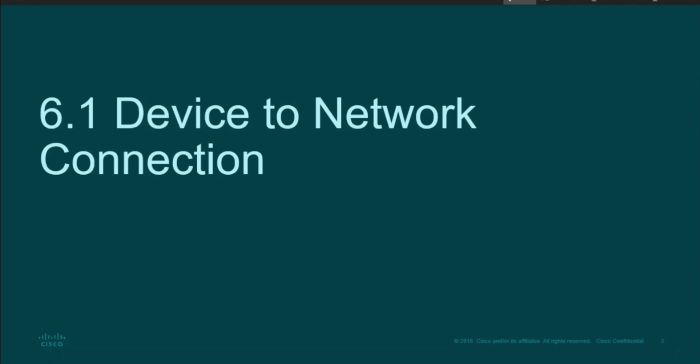In the last chapter, we talked about different devices which are used in a network. The commonly used devices in a network are switch, router, NIC cards, end devices, and cables.